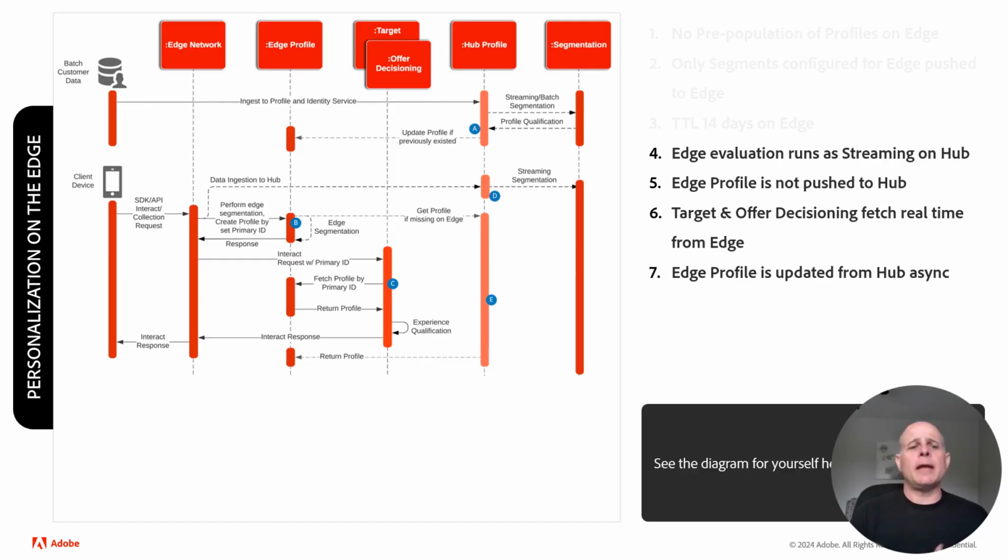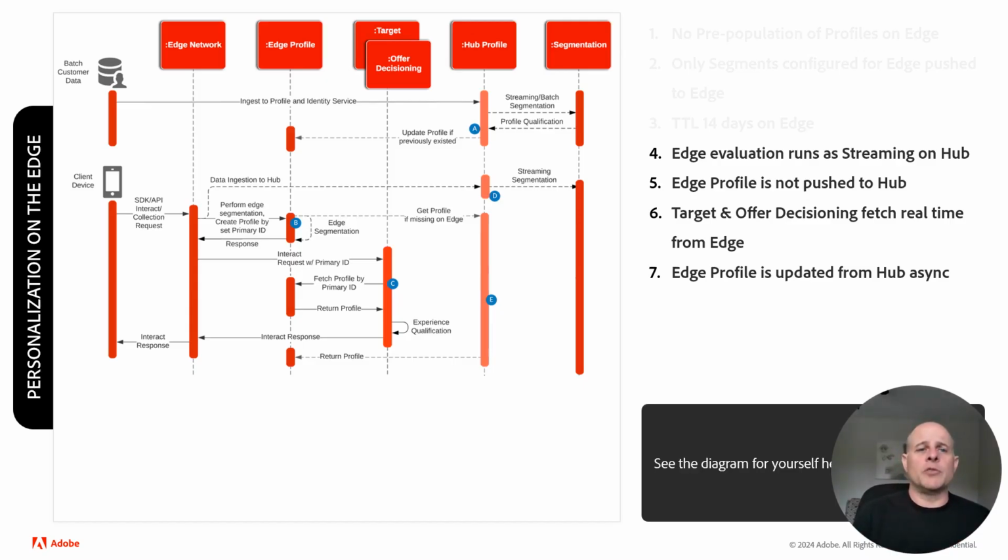It's going to say, okay, I have this, send the event itself down to the hub to start with. And that will kick off any kind of data ingest on the hub. At the same time, it's going to ingest that data into and create a profile on the edge. The edge will then kick off any kind of edge segmentation evaluation and store the result on profile.